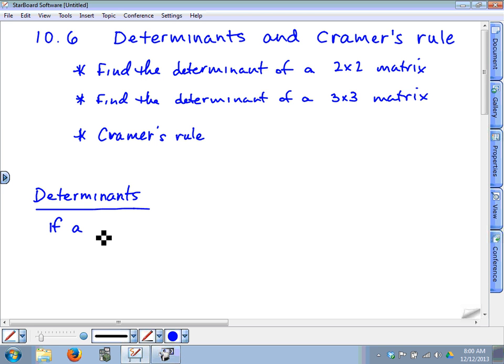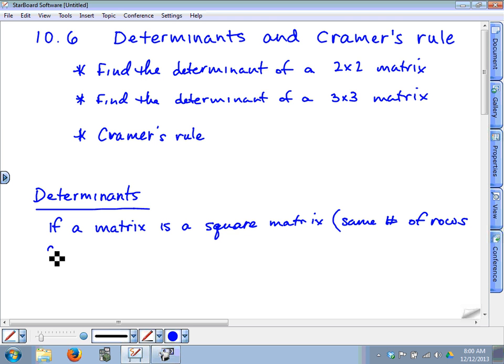If a matrix is a square matrix, okay, what that means is same number of rows and columns. That's what it means to be square.